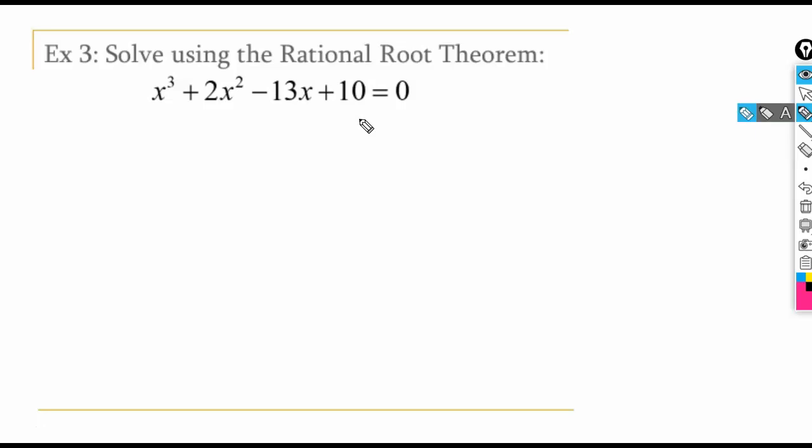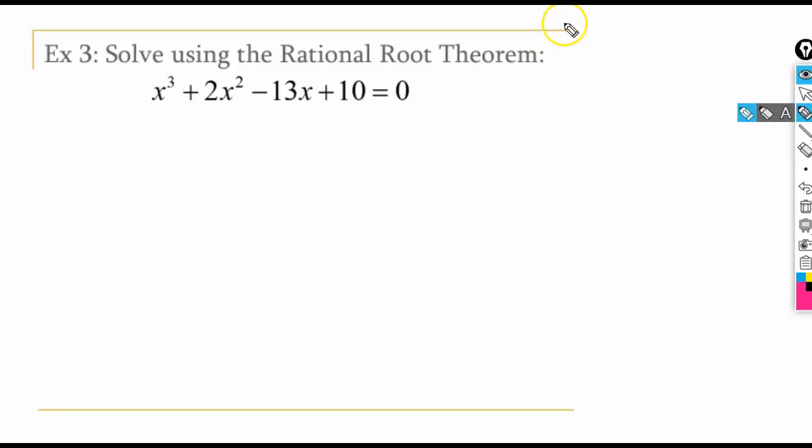If I can find one rational root, then I can divide it out, and it should leave me with a quadratic, because this is cubic. So if I can find one rational root and divide it out, I can get it down to a quadratic, and then I can see if I can factor that quadratic, or maybe that quadratic's prime. I don't know yet, but that's my best bet.